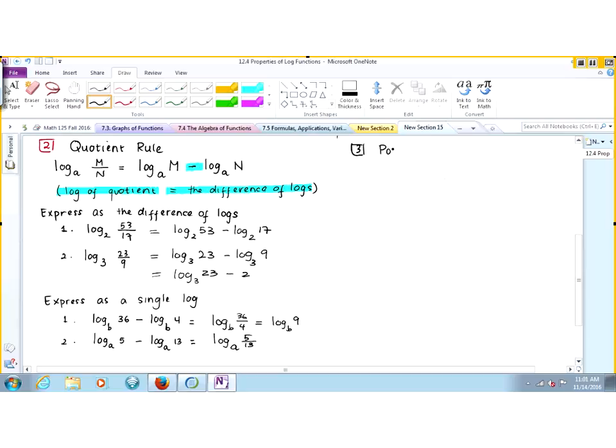Okay. So the next one is power rule. So you have product rule for logs, quotient rule for logs, and power rule for logs. So log base a of m raised to the p.